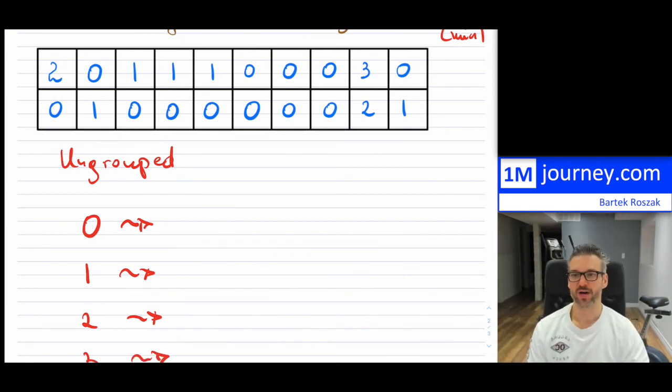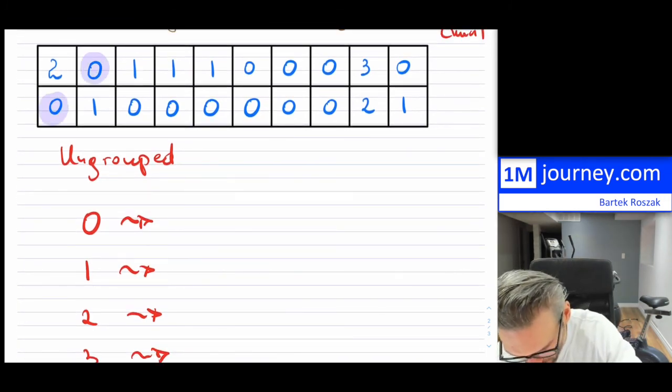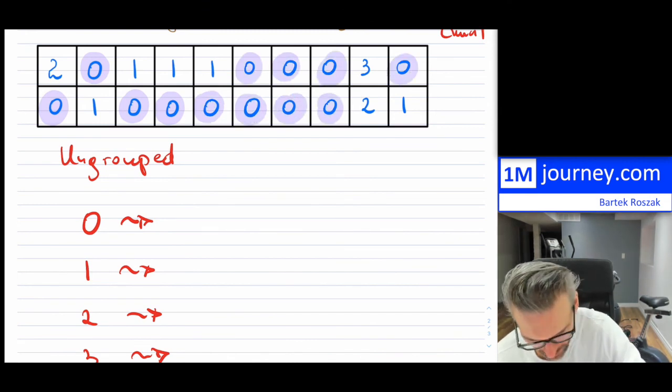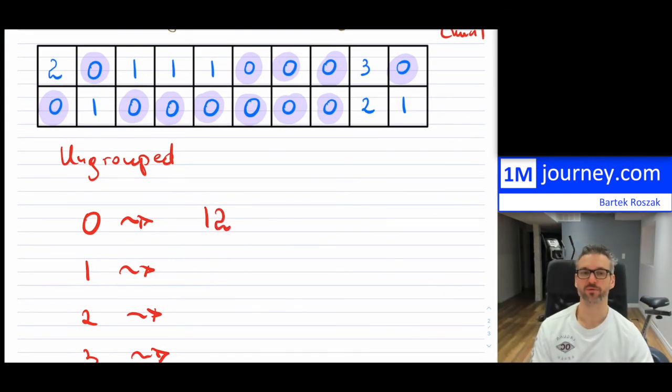So, how many minutes have passed by? We can just count the 0s: 1, 2, 3, 4, 5, 6, 7, 8, 9, 10, 11, 12. The frequency is 12 for students picking up their phones right away.